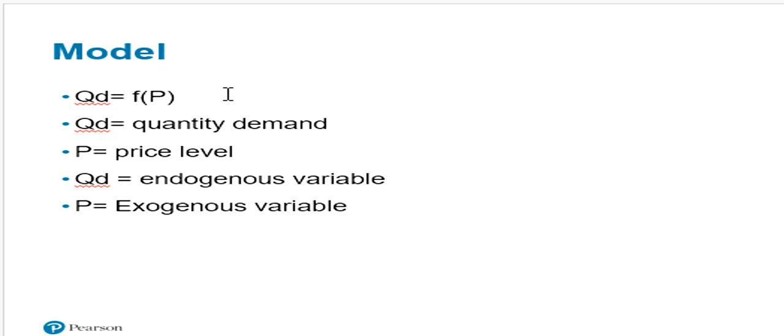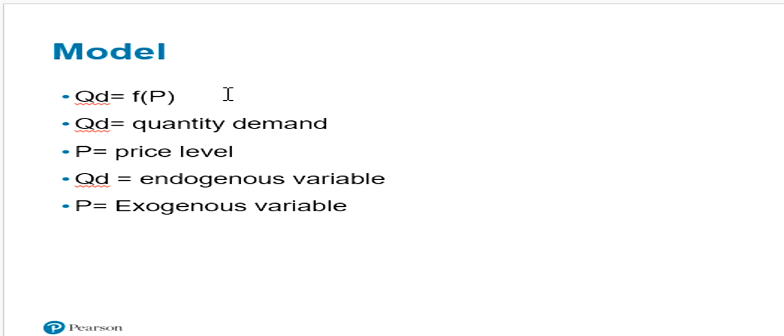Similarly, when we talk about the supply of any good, being a producer, we look at the price. If price increases, then in order to earn more profit, we will supply more of that good. So our supply decision depends on price.